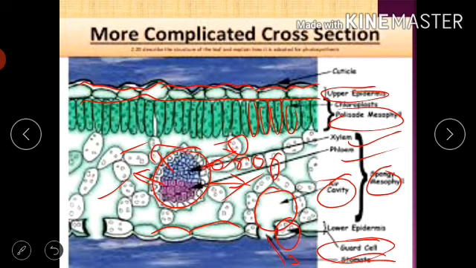This cell to cell movement of water takes place till it reaches the stomatal air cavity. As it reaches the stomatal air cavity, it gets evaporated due to the heat of the sun and moves out of the stomata in the form of vapor.